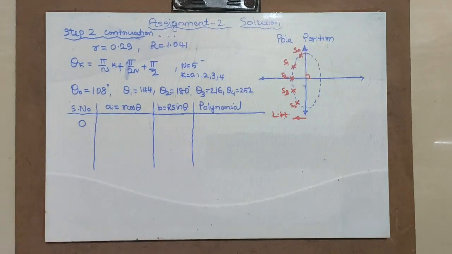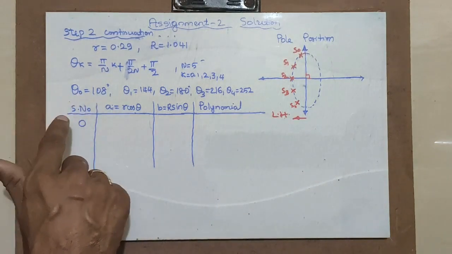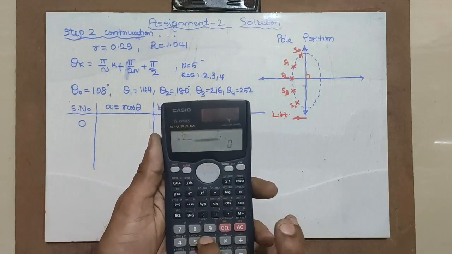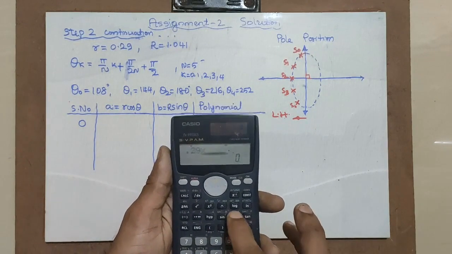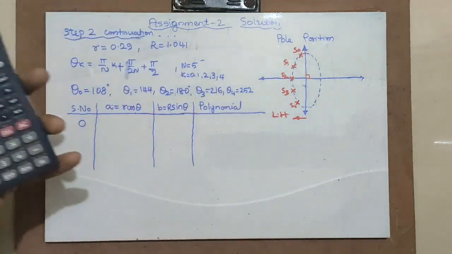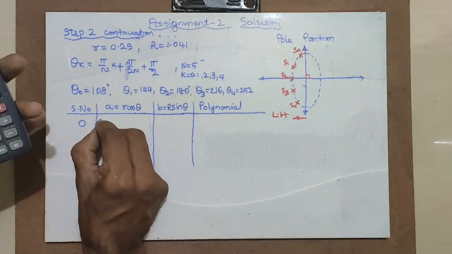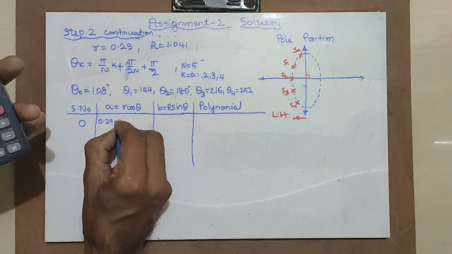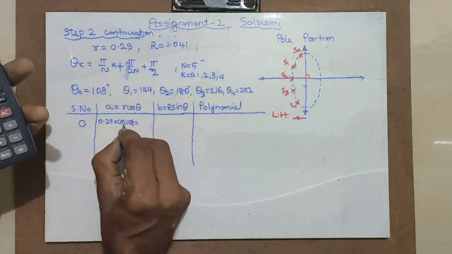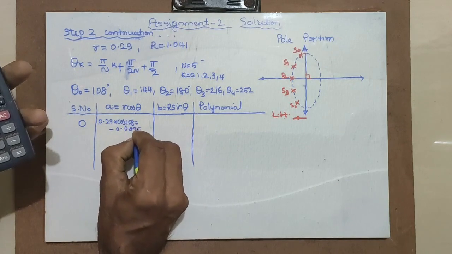Now we shall see what the value is. Theta for the 0th, that means 108 degree. 0.29 into cos 108 has come out to be minus 0.0896.